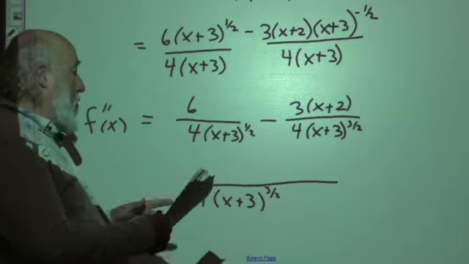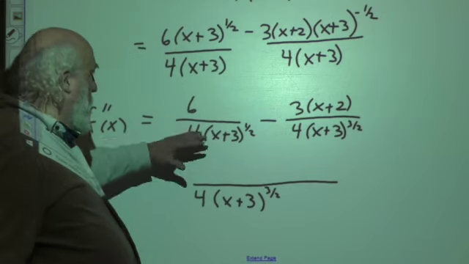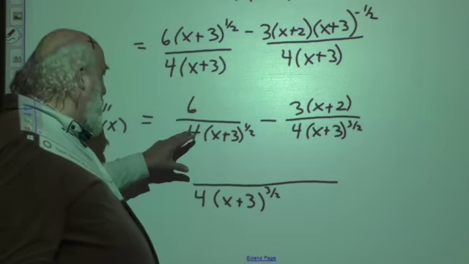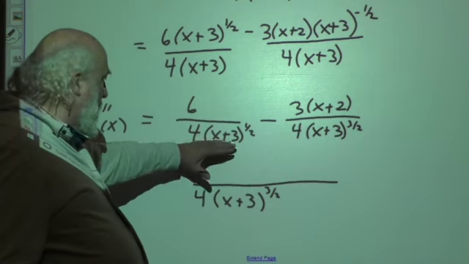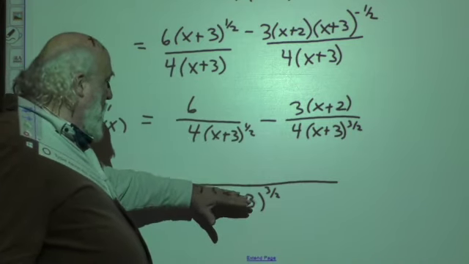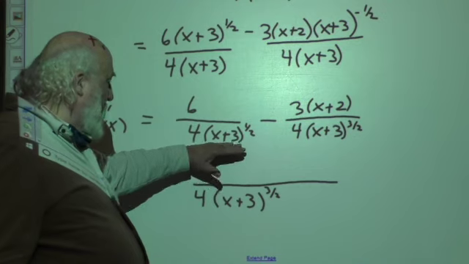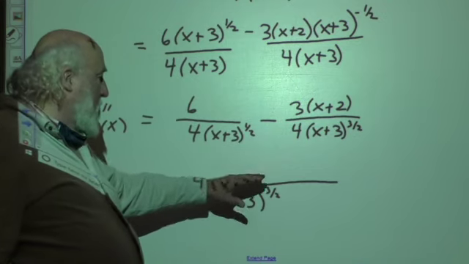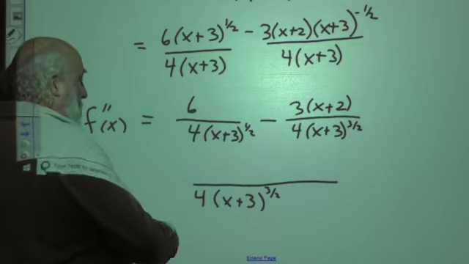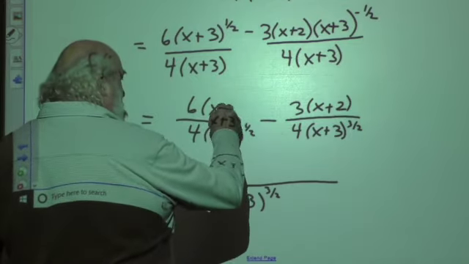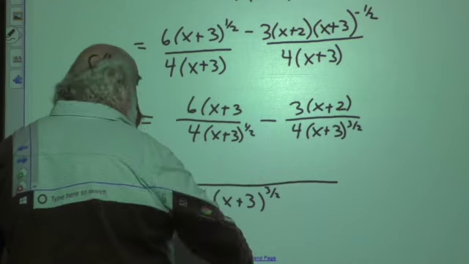Okay? And we do the same thing we did before. These both have 4's in the denominator, so we don't worry about that. We just look at this, (x + 3), how many times does (x + 3)^(1/2) go into (x + 3)^(3/2)? We subtract these two, and you get x + 3.